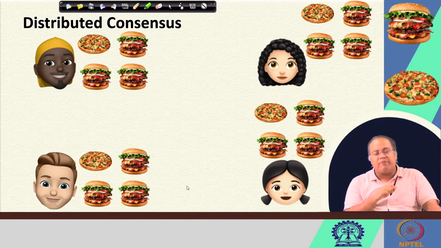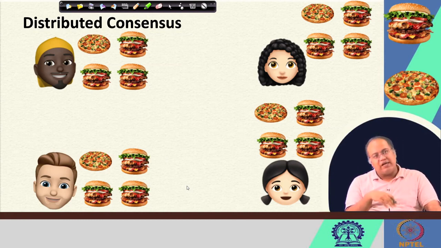So, this particular problem and the corresponding solution is called a distributed consensus problem. Every one of you is collectively coming to a consensus. Here you do not need any leader, any friend working like a leader who needs to make a phone call to others.